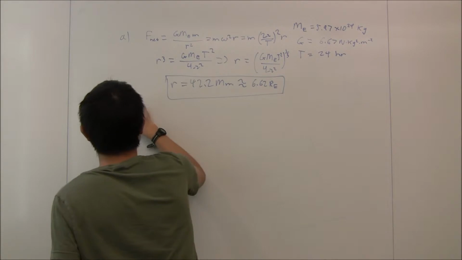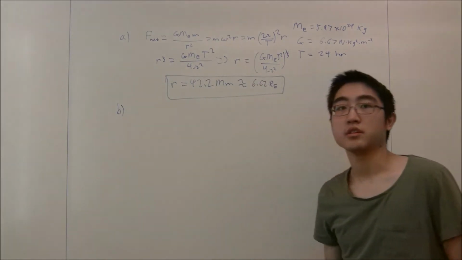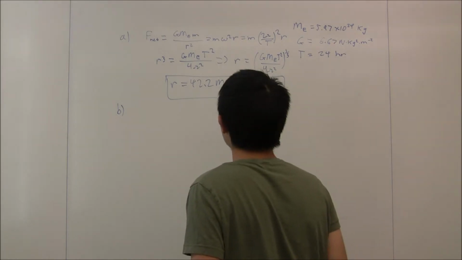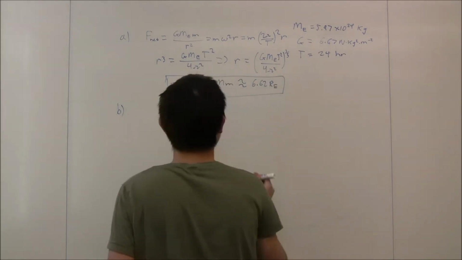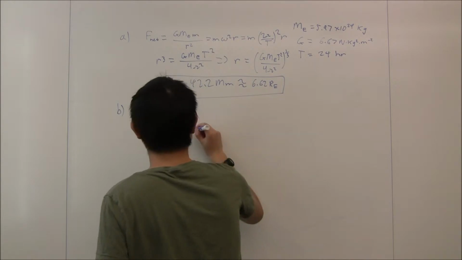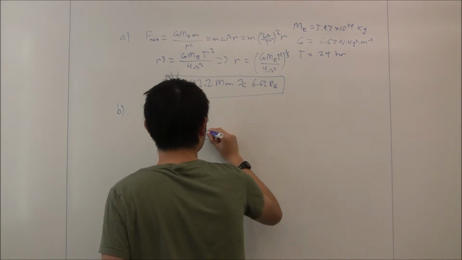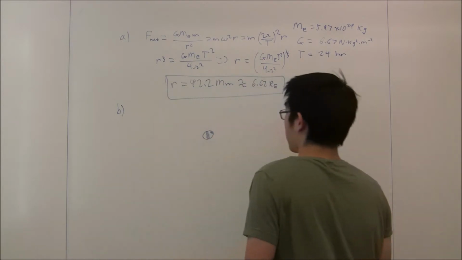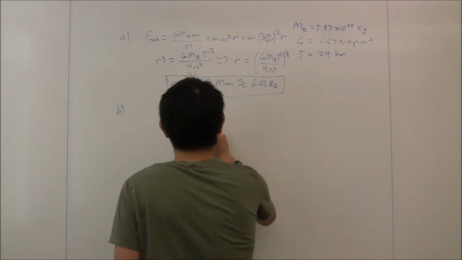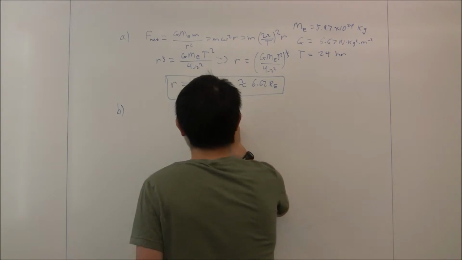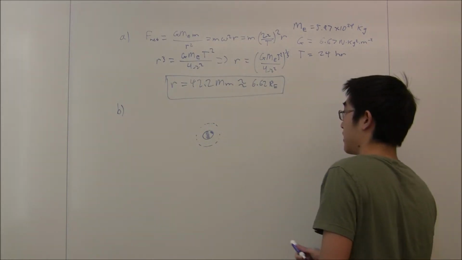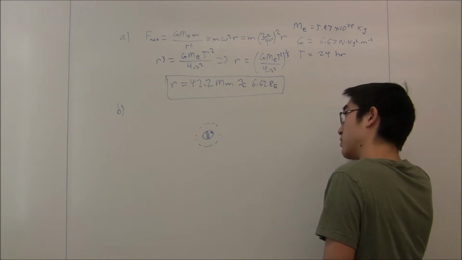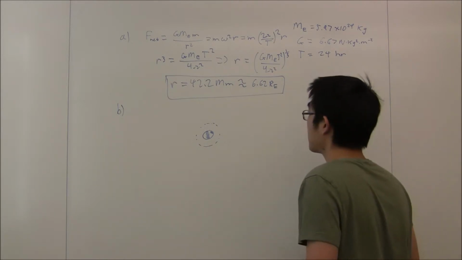So in part B, we're asked to sketch the Hohmann transfer orbit. So here we have the Earth. Alright, and the smaller circle is going to be our orbit of radius 6,700 kilometers, or 6.7 megameters.